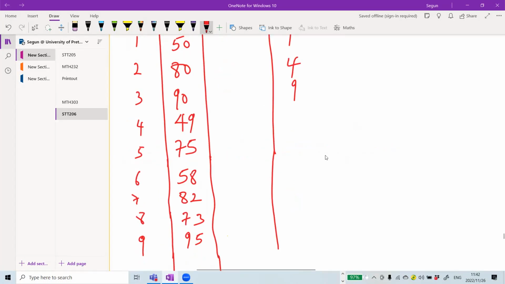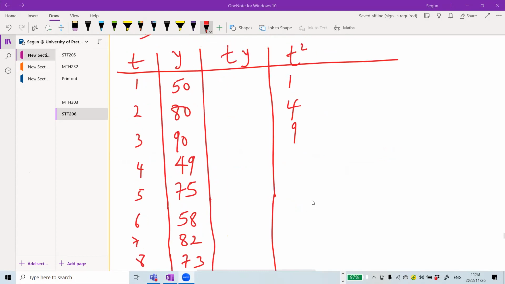Yes, those that raise up their hands. Yes, go ahead. I have the value for TY. Just tell me one after the other. Okay, the first one is 50. 160. Yes. 270. Okay. 196. Okay. 525.